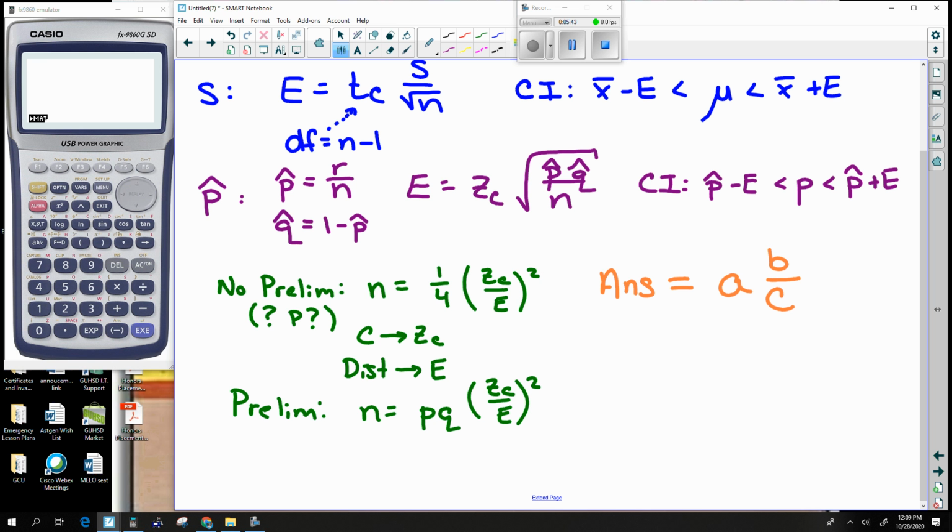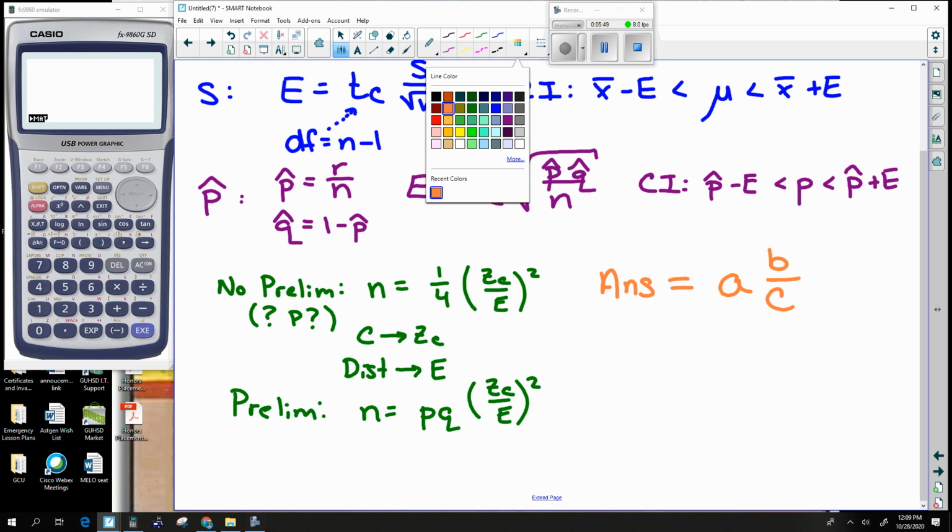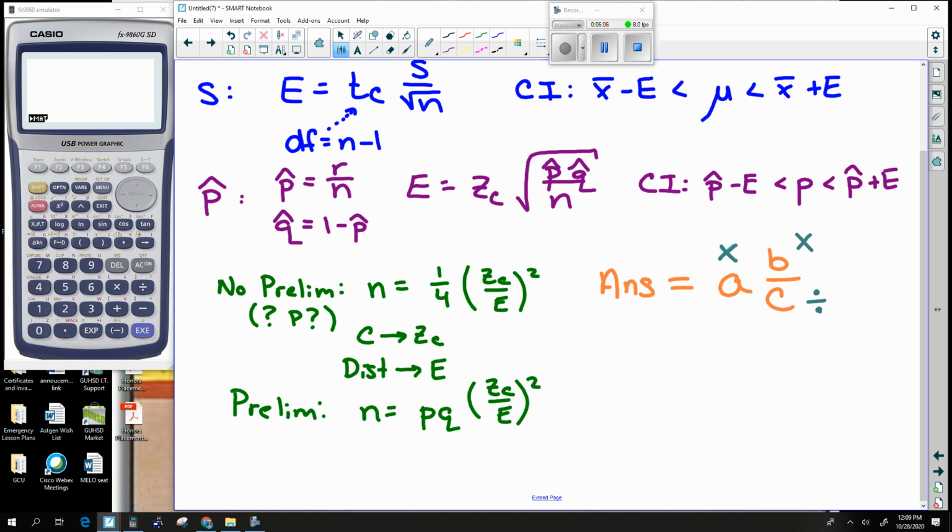What I recognize out of this mix is, let's get a different color here. A is a multiplication number. B is a multiplication number. C is a division number.